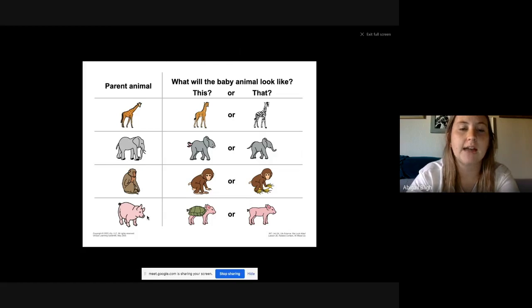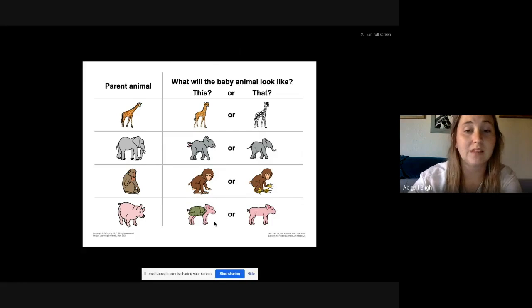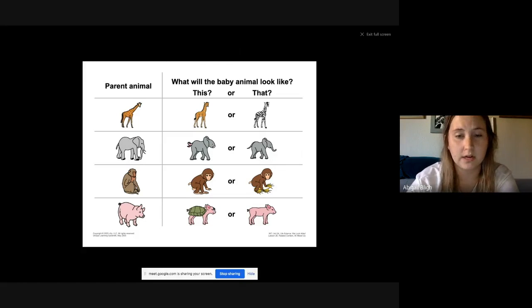Okay, and the last one, we have a parent pig here. And on the right side, there is a baby pig and another baby pig. What differences do you notice about these two animals? What is different? This one has a shell on it, and this one doesn't.